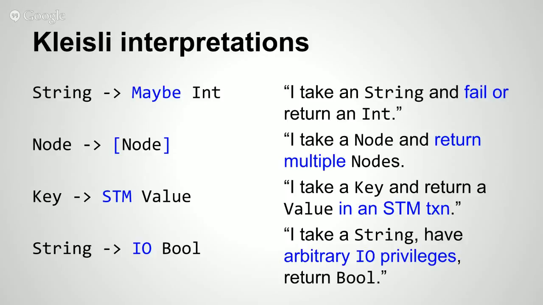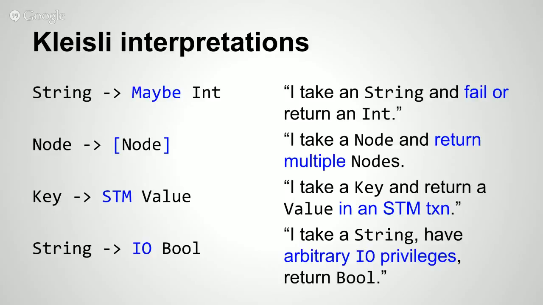Node to list of nodes, that's like a graph search or something, is saying I take a node and I return multiple nodes. I haven't really gotten into STM, but it's software transactional memory. It's a way of making mutable state that is thread safe and has a lot of nice concurrency properties. Key to STM value is saying I take a key and in an STM transaction, I return a value.